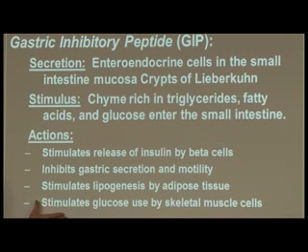And then it stimulates glucose use by skeletal muscle. In other words, we're going to take the additional glucose that we aren't using for ATP and convert it to glycogen within skeletal muscle to store it, as well as facilitate the use of ATP within the muscle material as well.